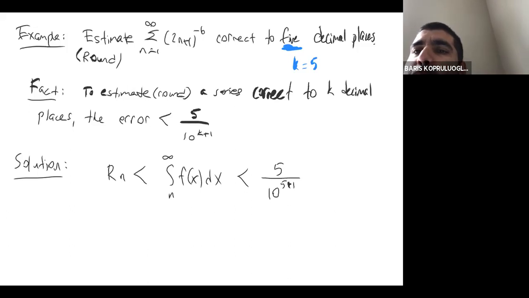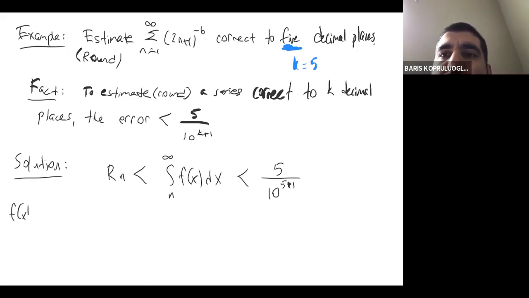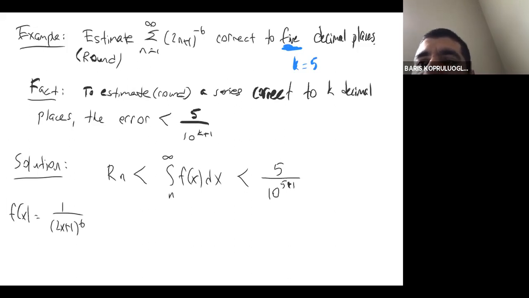Now, what is f of x, the corresponding function? It's going to be 1 over (2x plus 1) to the 6th. So let's try to integrate this function from n to infinity.